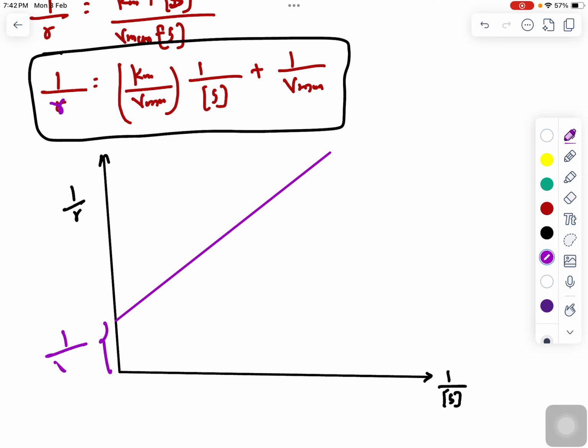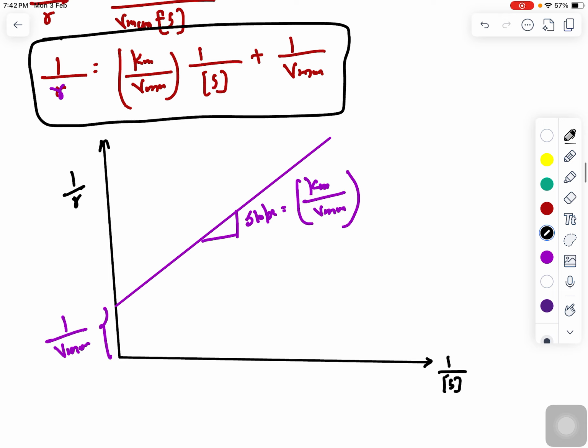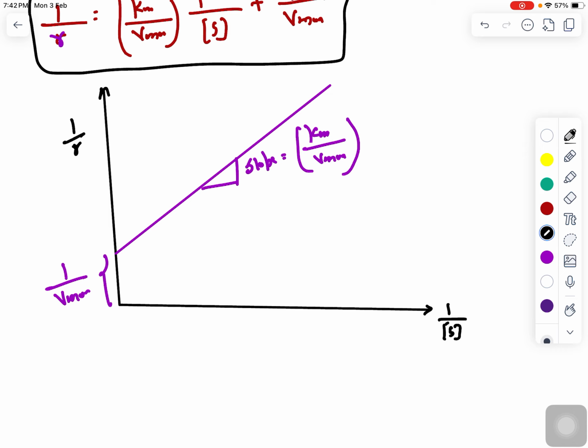The intercept will be 1 upon Vmax, and the slope of this line will give you the value of Km divided by Vmax. Sometimes they will give you this kind of curve, so you have to understand it. On the y-axis this is 1 by R, and on the x-axis this is 1 upon substrate concentration. The intercept of this plot gives the 1 upon Vmax value, and the slope of this plot gives the Km by Vmax value.